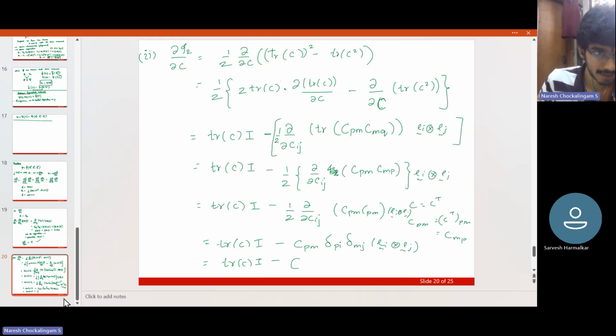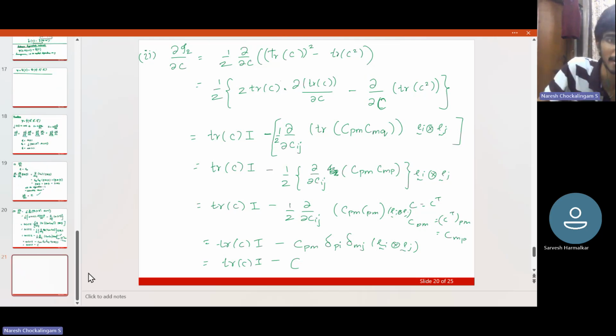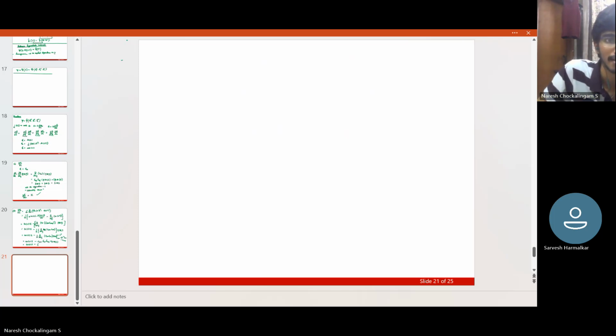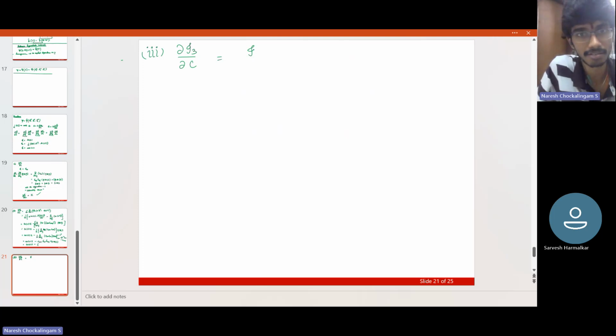Now the third part is, let us say, differentiation of I3 with respect to C. So I3 is nothing but the determinant of C. So it is ∂ by ∂C of determinant of C with respect to C. Now this is not straightforward.